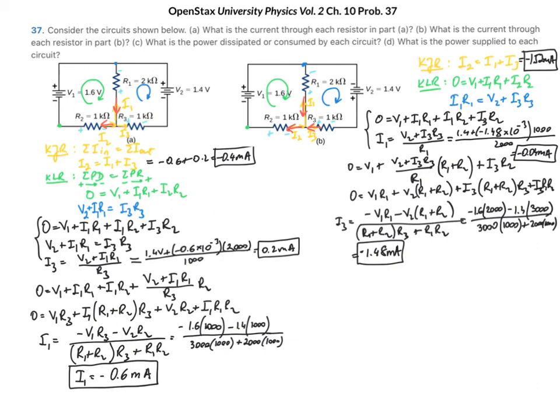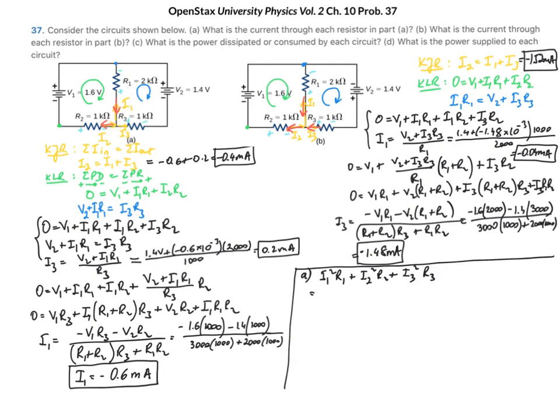So let's do that. For circuit A, I have I1 squared R1 plus I2 squared R2 plus I3 squared R3.